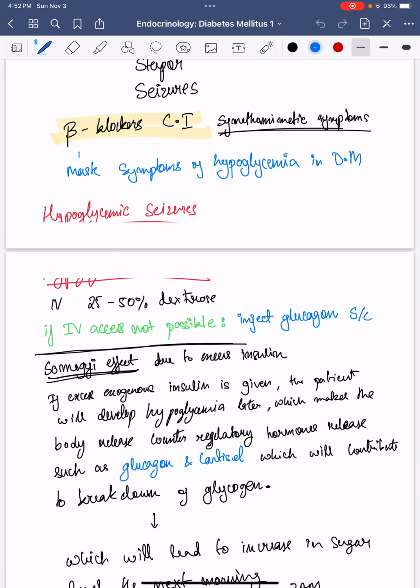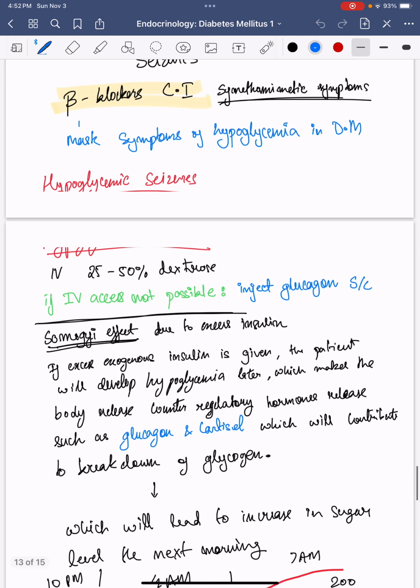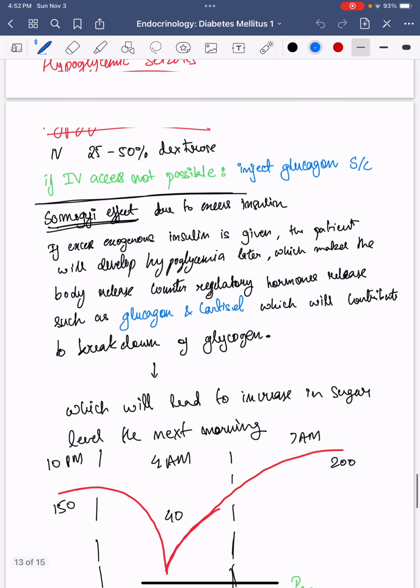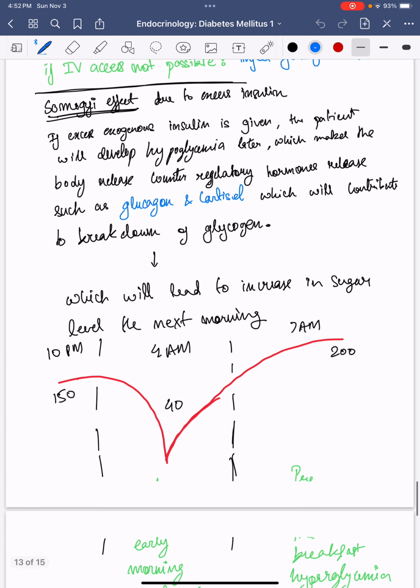Hypoglycemic seizures. For hypoglycemic seizures, you should give IV dextrose, 25 to 50% dextrose, and if IV access is not possible, inject glucagon subcutaneously. There are two effects we should study, that is the Somogyi effect and the Dawn phenomenon.